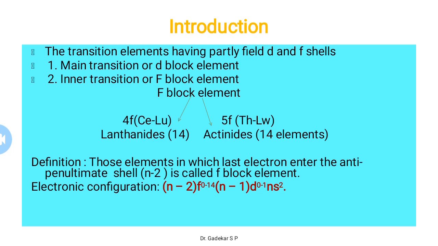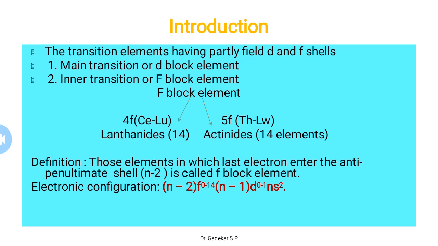The transition elements have partly filled d orbitals and f shells. There are two types: main transition or d block elements, and inner transition or f block elements.